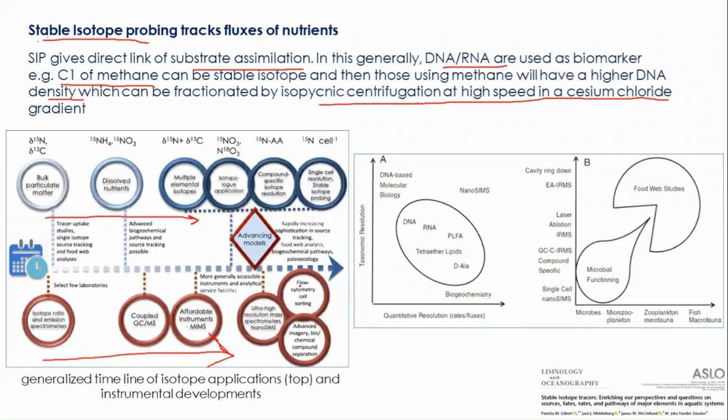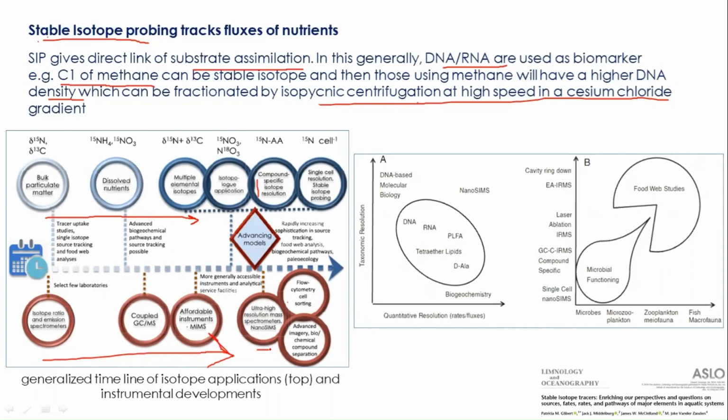For example, in this particular case you can see that if compound specific isotope resolutions are achieved using different advancements, you also have at the same time utilization of flow cytometry or NanoSIMS, that is another form of mass spectrometry, right? Another application of mass spectrometry, right?